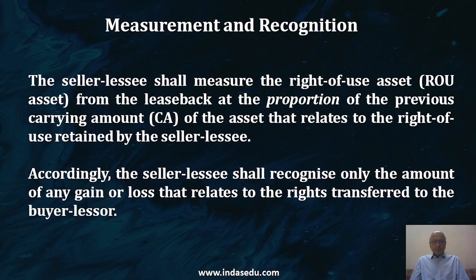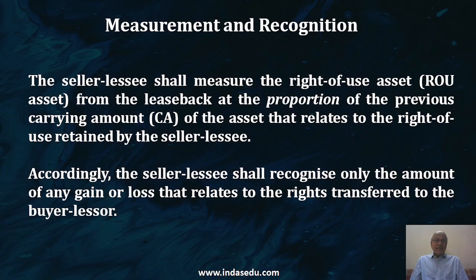Next, the seller lessee shall recognize only the amount of any gain or loss that relates to the rights transferred to the buyer lessor. No profit or loss can be recognized from the proportion that is retained, because one cannot make profit with oneself. Gain or loss can be ascertained for the rights transferred to the buyer lessor.